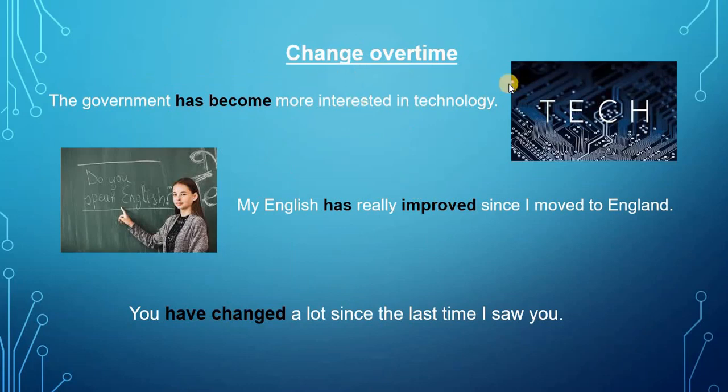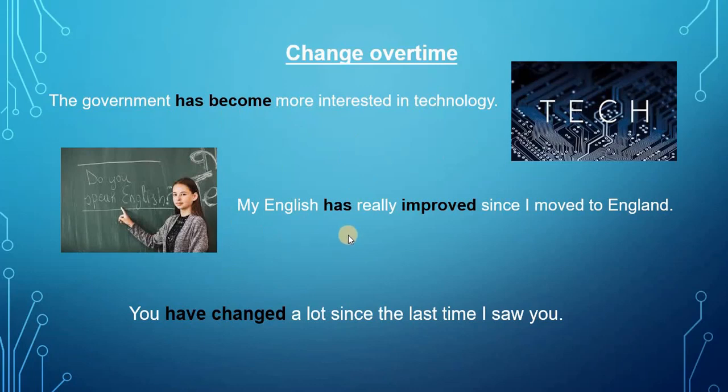Change over time. We use the present perfect to describe change that has evolved over a period of time. So for example, the government has become more interested in technology. Alright? So here we are using a present perfect to describe progressive change.